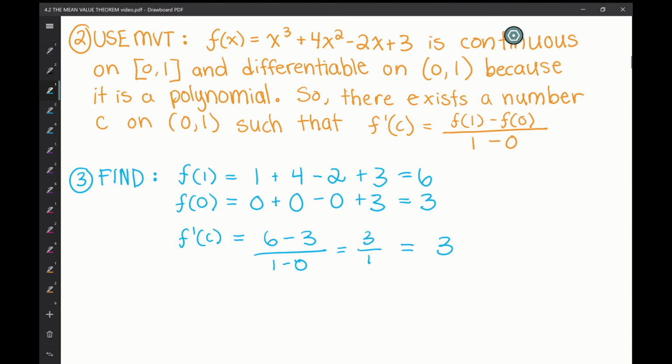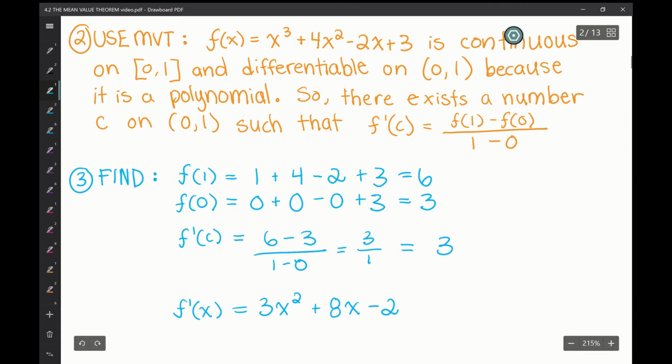Now that we know the derivative value that we're interested in, we need to actually take the derivative of our function. So f prime of x will be equal to the derivative of x cubed, which is 3x squared, plus the derivative of 4x squared, which is 8x, and then the derivative of minus 2x gives us a minus 2.